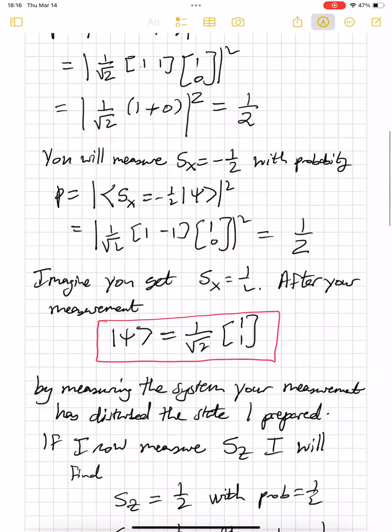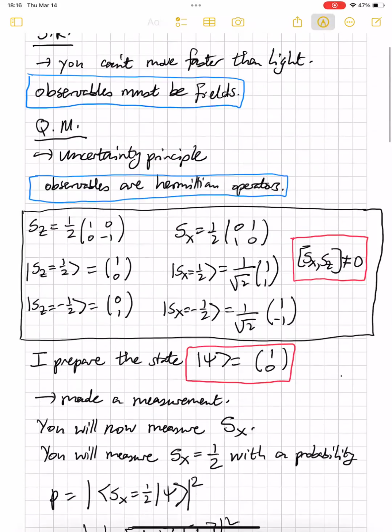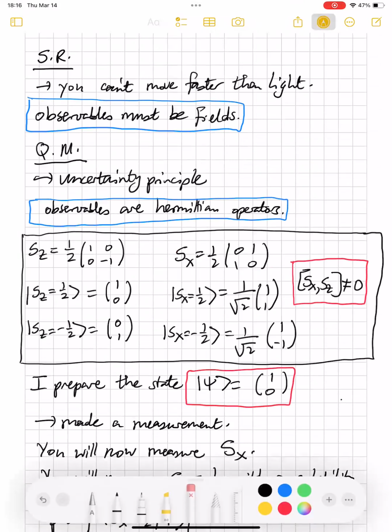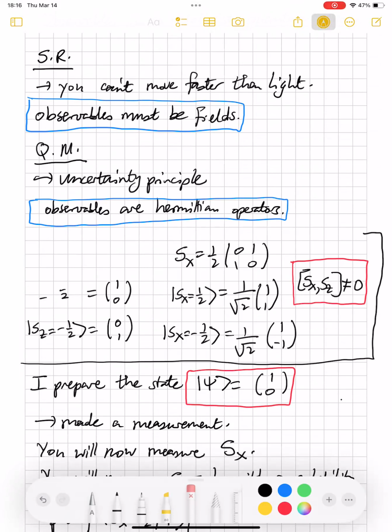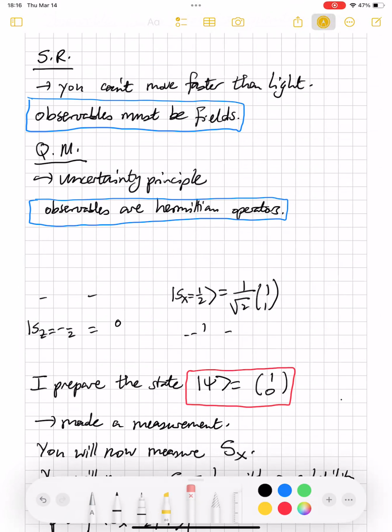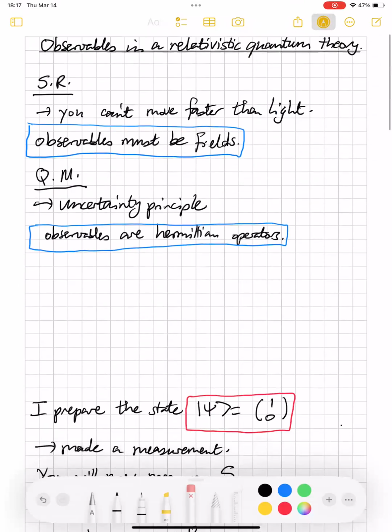Okay, so let's just record this conclusion. This is actually what I wanted to conclude. So let's clear a little bit of space. We've said that special relativity forces us to consider fields. Quantum mechanics forces us to consider operators.